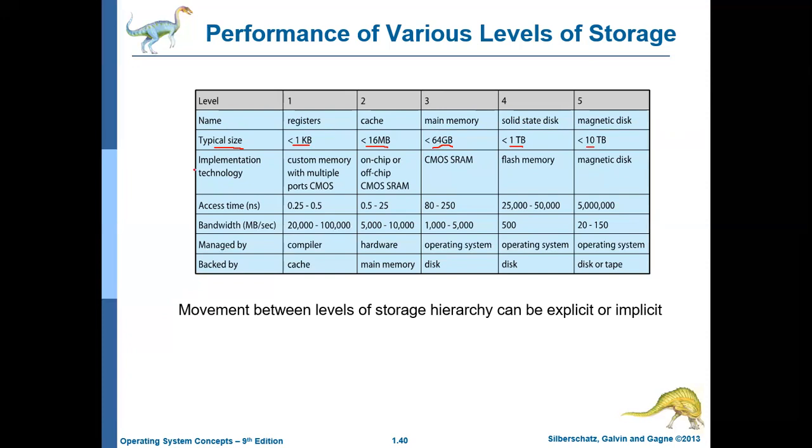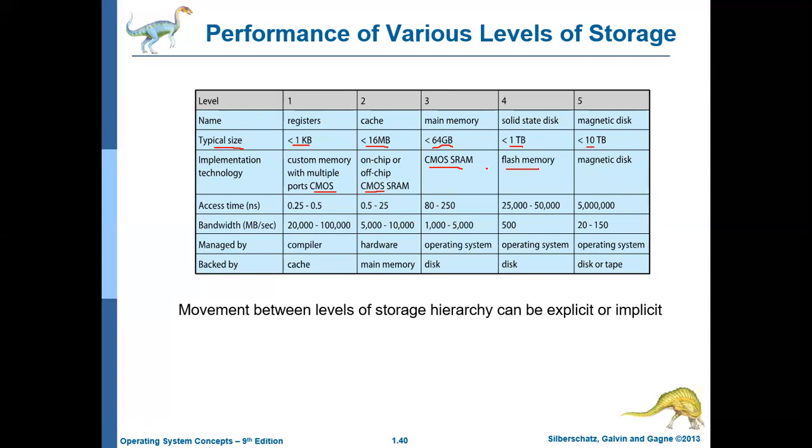Now the implementation technologies. Registers are implemented using CMOS technology. Cache memory is also implemented using CMOS technology. Main memory is implemented using CMOS SRAM technology. Solid state disks are one form of flash memory.